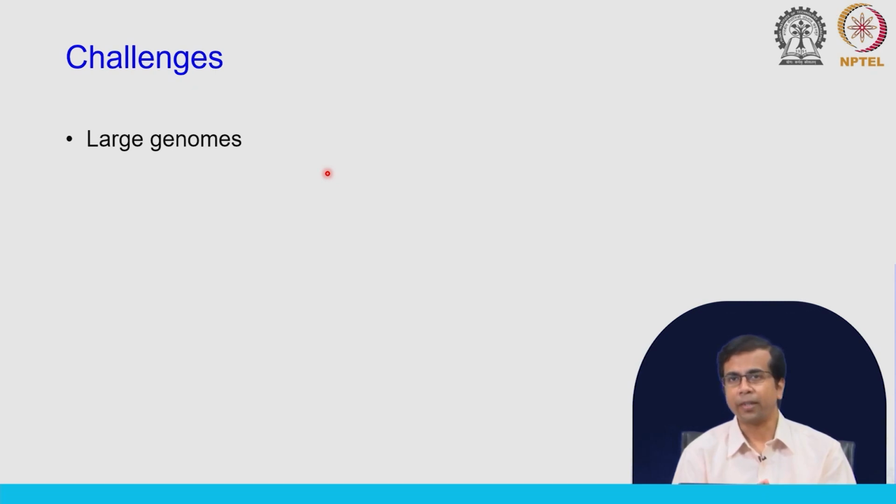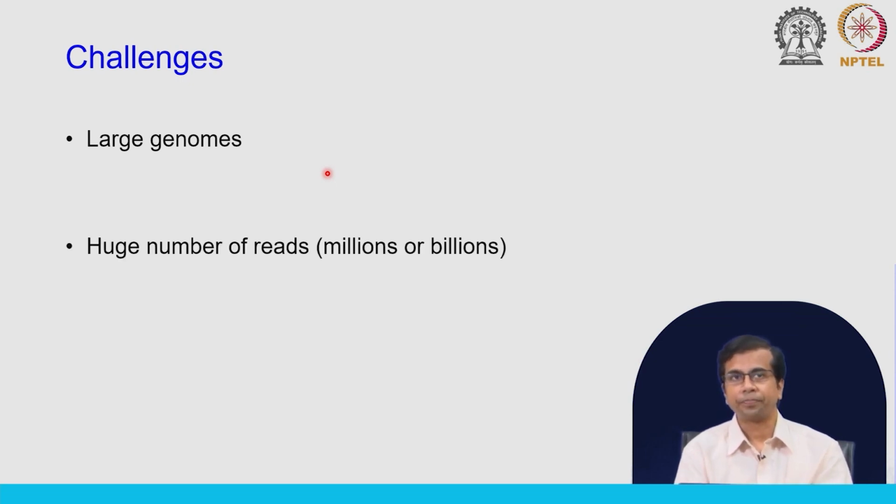So, what is the problem with big genomes? Why is that a challenge? Because then you have many potential locations where this read can come from. So, you have to check all these locations, and this takes time and computational resource. So, this is why the large genomes are a challenge for us.